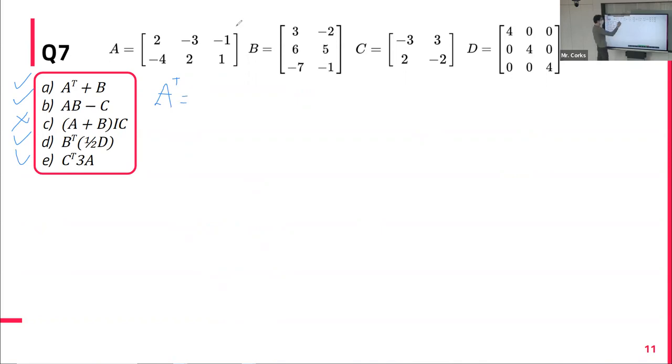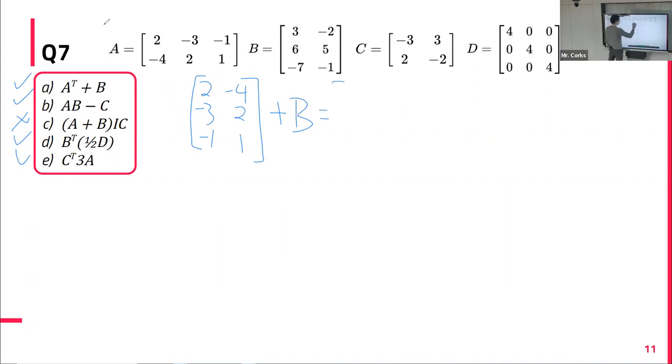What is A transpose? First column is 2, -3. Okay, so there's A transpose. We want to add that to B. I'm not going to rewrite B here just to save some time.